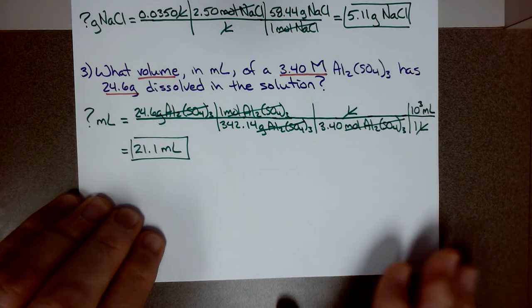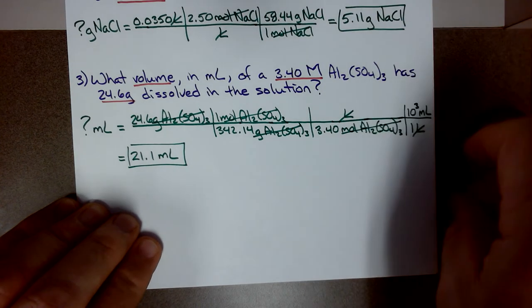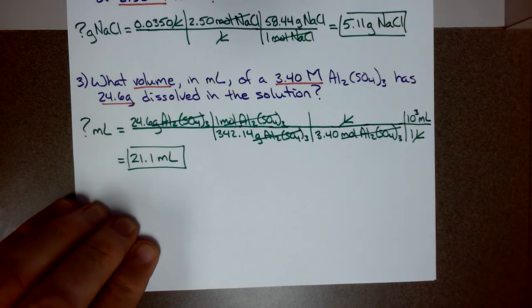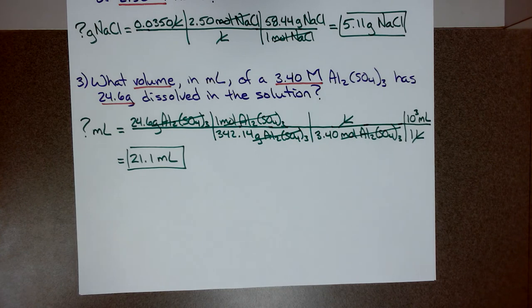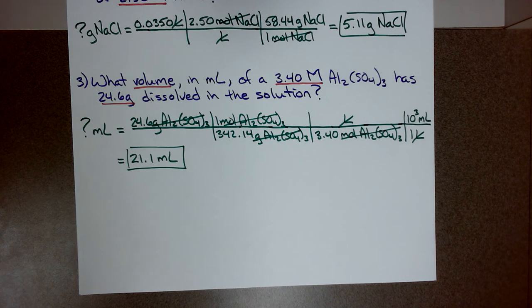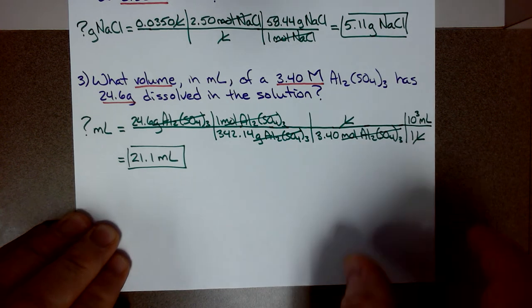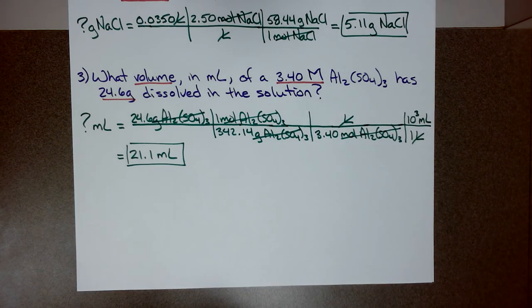When I go to buy hydrochloric acid, I purchase it in a stock solution of 12 molar hydrochloric acid. Now 12 molar is very, very concentrated. Let's say in a reaction I don't want 12 molar, I want 1.2 molar. So I have to dilute the 12 molar down to 1.2 molar.